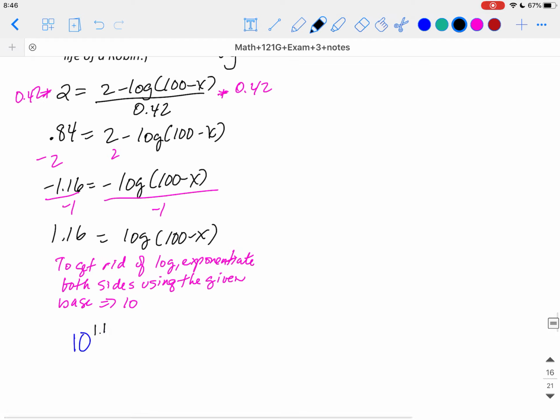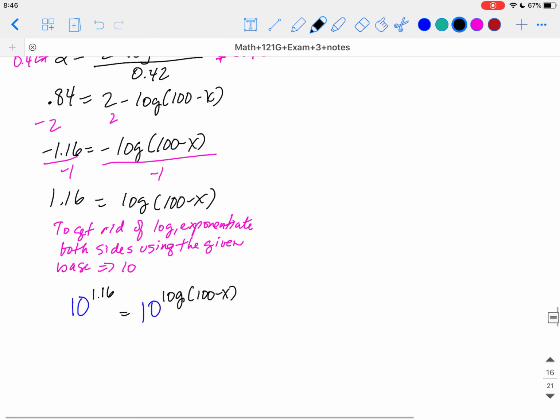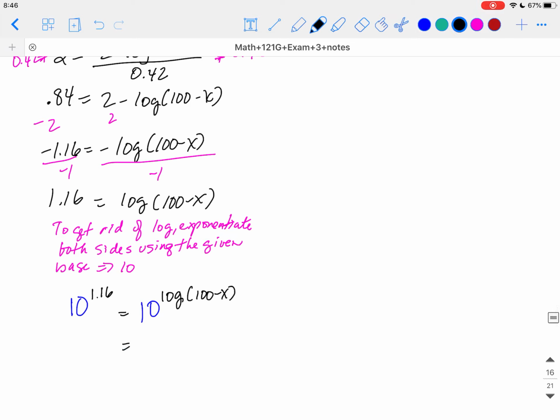I'm going to do 10 to the 1.16 is equal to 10 to the log of 100 minus x. On the left-hand side, I still have 10 to the 1.16, but on the right-hand side, again, I'm just going to be left with 100 minus x.